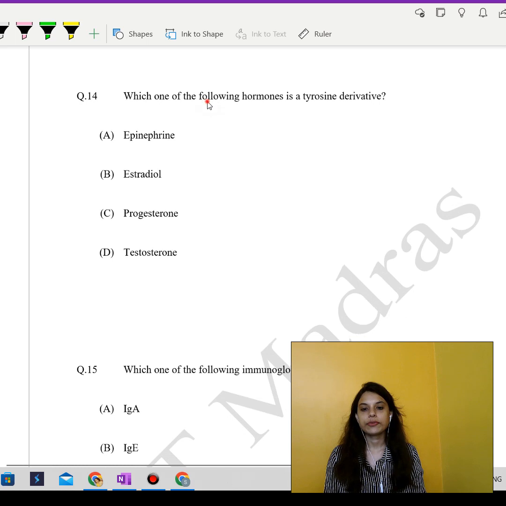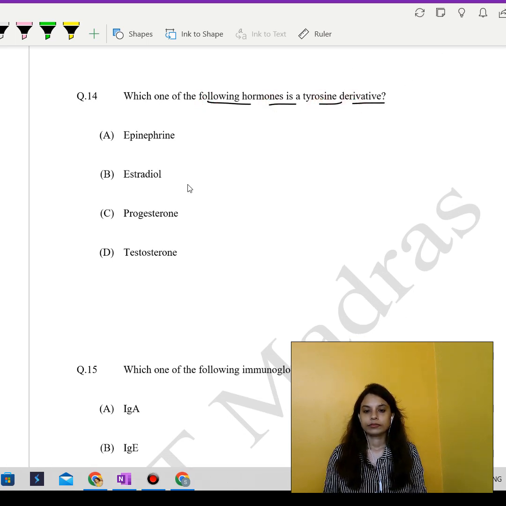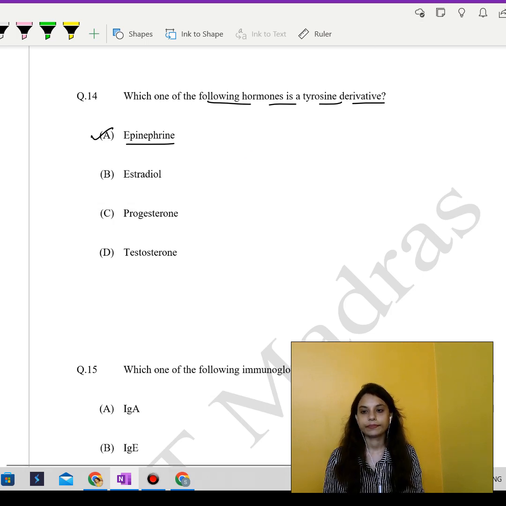It says, which one of the following hormones is a tyrosine derivative? Your correct answer would be epinephrine. Epinephrine is a hormone which is produced by the adrenal medulla and belongs to the class of hormones called catecholamines. And catecholamines are all derived from the amino acid tyrosine through a series of biochemical reactions.